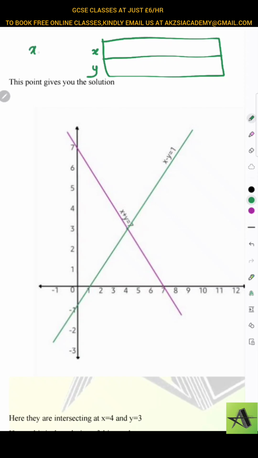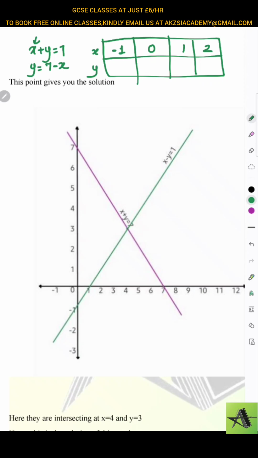Because it's x plus y equals 7, you can take two negative values and two positive values. So let me take minus 1, 0, 1, 2. It's up to you. Let me make y the subject. This will become 7 minus x.